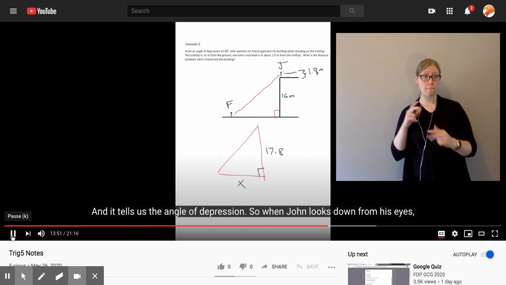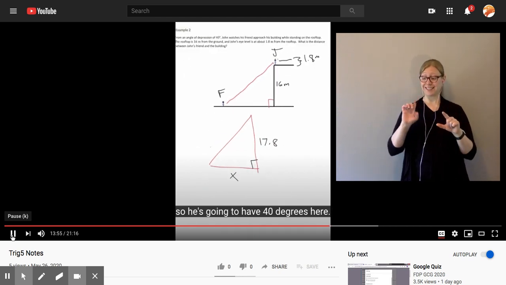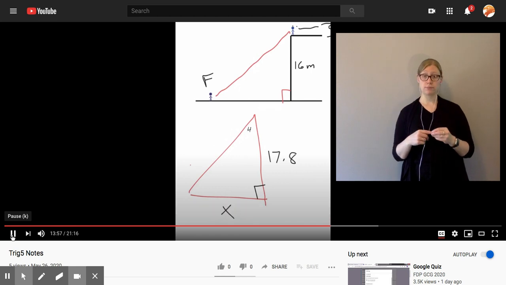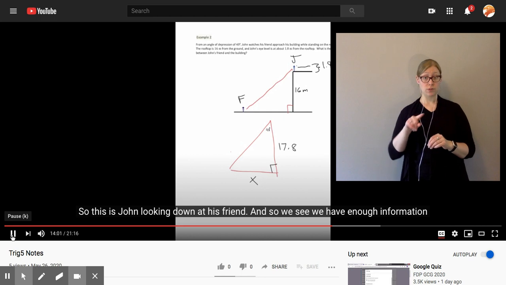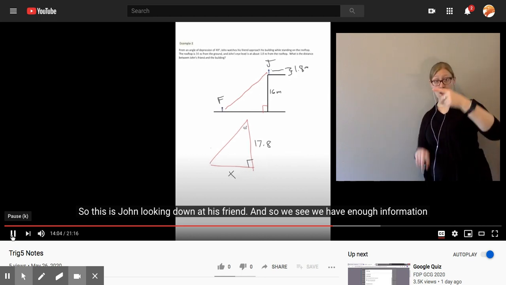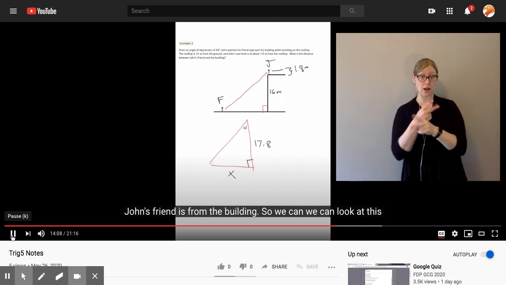And it tells us the angle of depression. So when John looks down from his eyes, he's going to have 40 degrees here. So this is John looking down at his friend. And so we have enough information to find out how far John's friend is from the building.